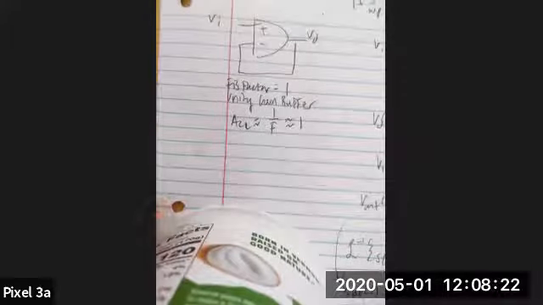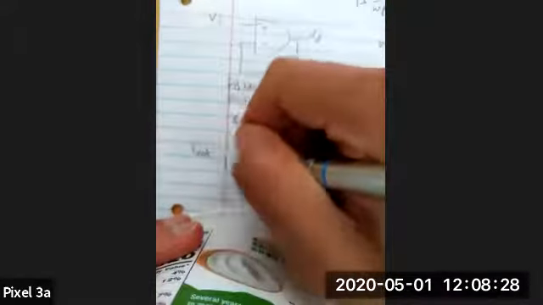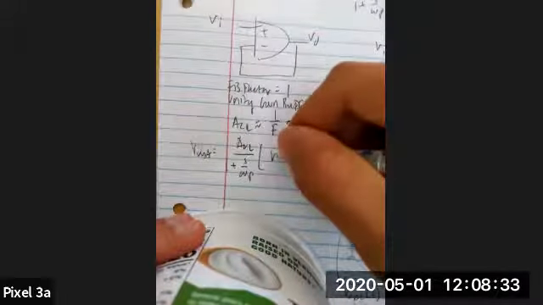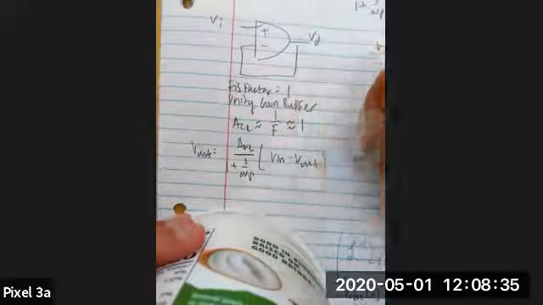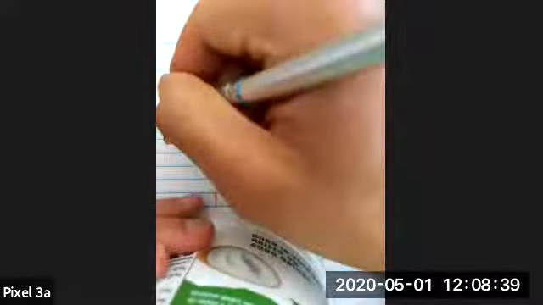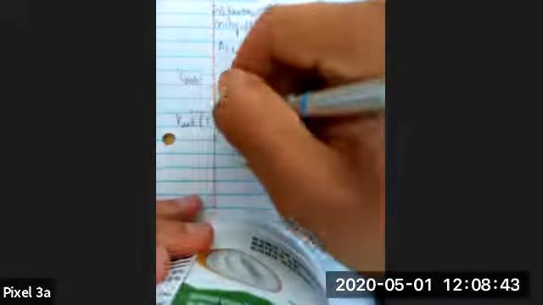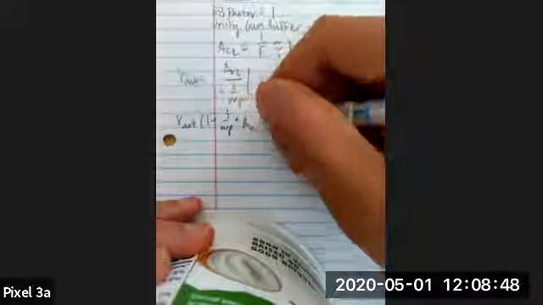However, if we take a look at the closed loop response, we can see that it performs better in a lot of ways. So here we have A open loop with that function times V in minus V out. And if we rearrange terms, we'll eventually get that V out times 1 plus s over omega p plus A open loop is equal to A open loop times V in.